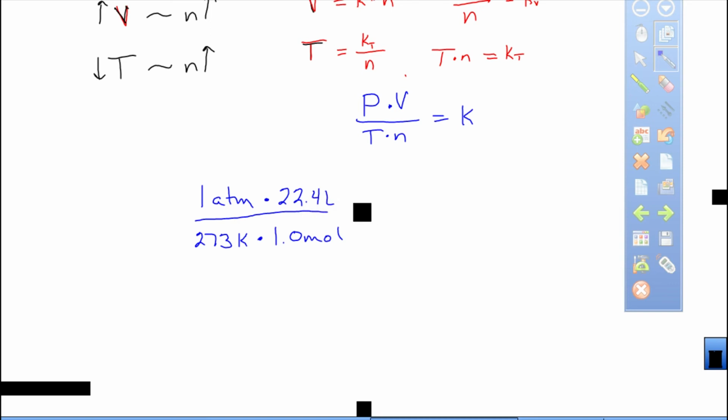And by doing that, we're talking about an ideal gas, and this gas behaves in this ideal way.